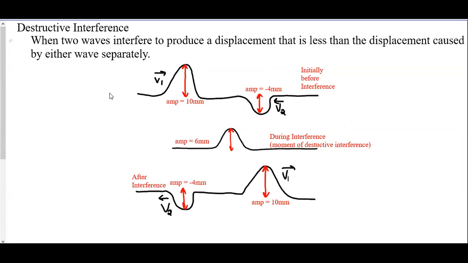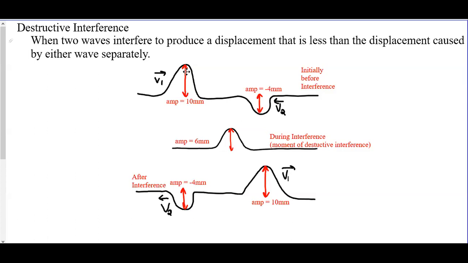So destructive interference, similar idea, you're still going to have superposition, but your amplitude should be smaller in the end. So I started off with a large crest, so a 10 amplitude crest. I have a 4 amplitude trough, so -4 would imply it's a trough.